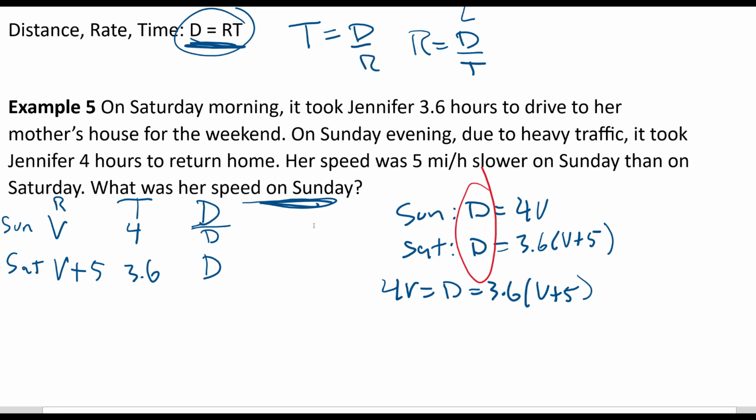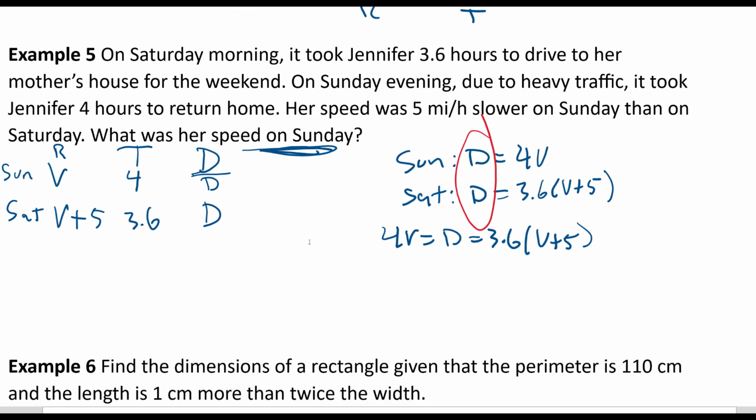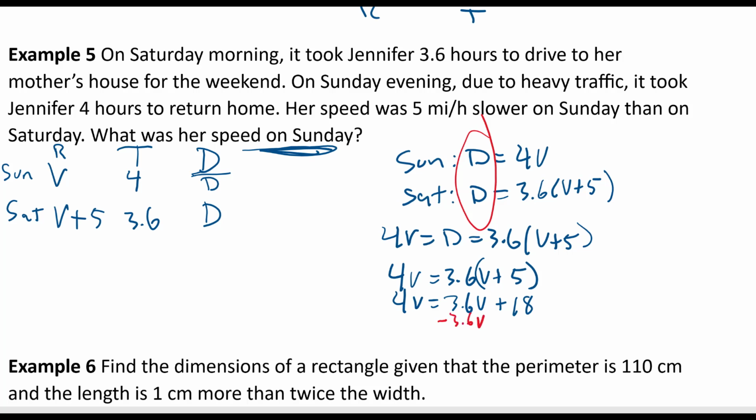And so we can see this as 4V equals 3.6 times V plus 5. So if I distribute that, 3.6 times V is 3.6V, and 3.6 times 5 is, I believe, 18. So we're solving for V, subtract 3.6V from both sides.